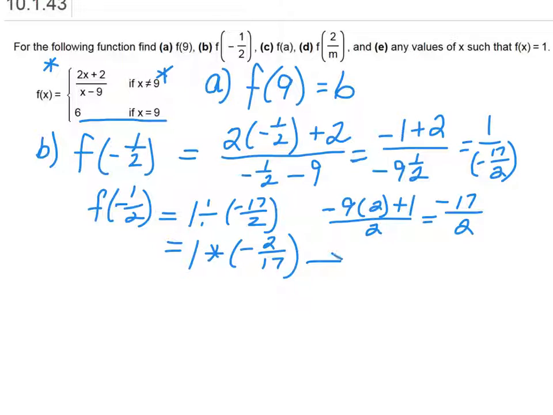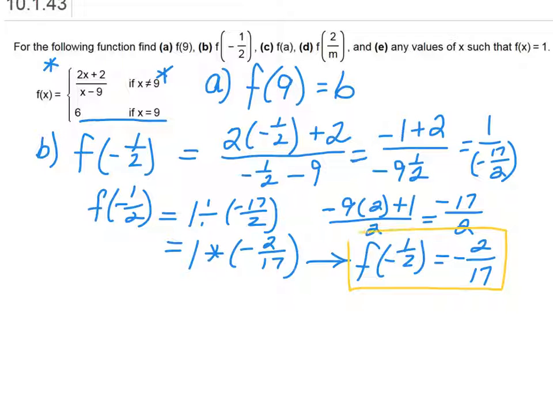So therefore, our final answer is that f of negative 1/2 is equal to negative 2 over 17. And of course, you could have done all that arithmetic on your calculator and had it give you the final answer as a fraction, and this is the answer that it would have given you. So it would have been fine to use your calculator to do that too. Just be careful using your parentheses.